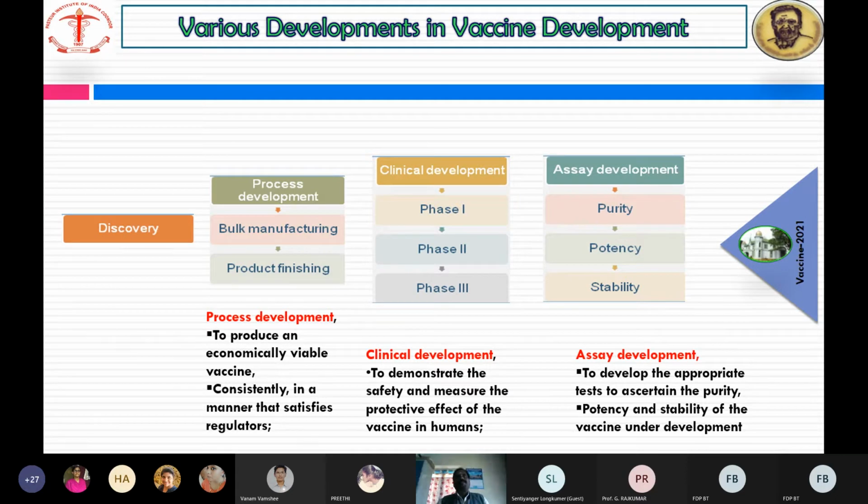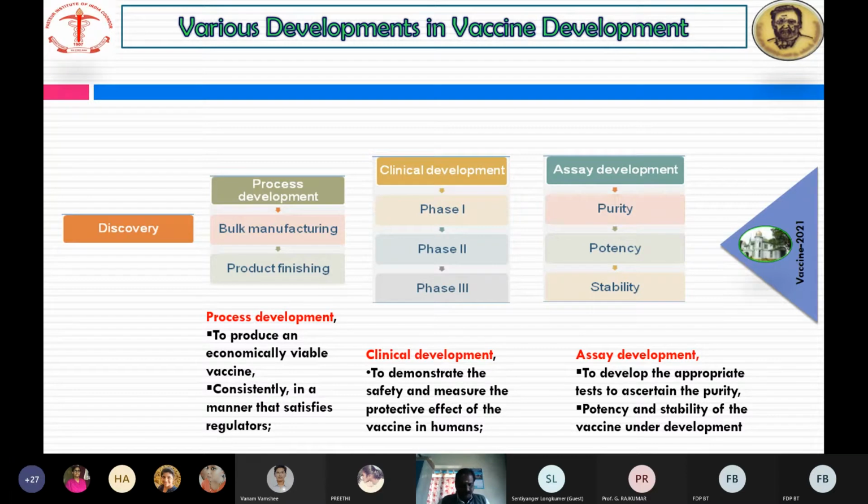It will cause adverse reactions, allergy, seizures, even death. So to develop an appropriate test to ascertain purity, we develop an ELISA kit, other in vitro kits, and other in vivo kits. So assay development covers the potency and stability of the vaccine under development. One is purity and also potency. Potency means the immunogenicity, and also the challenge method.